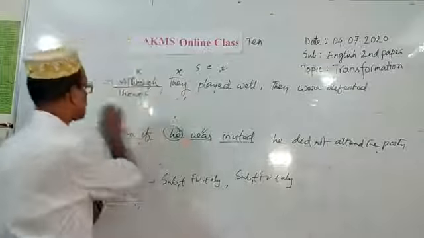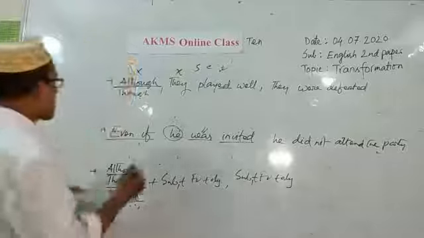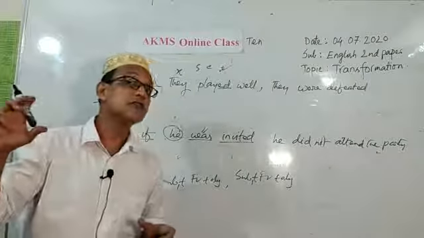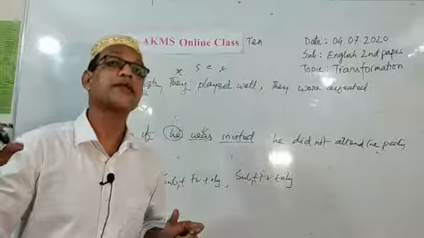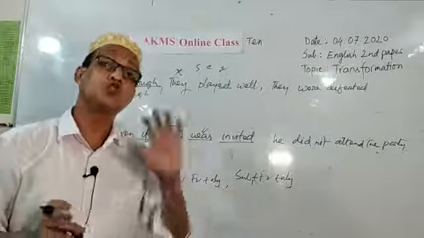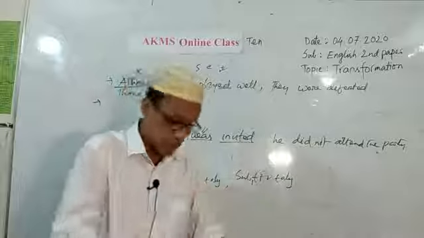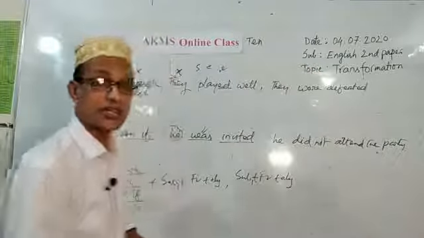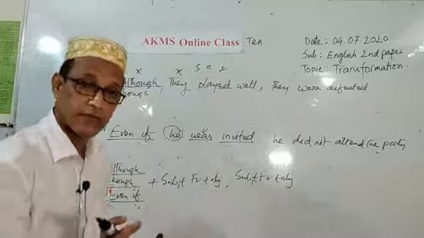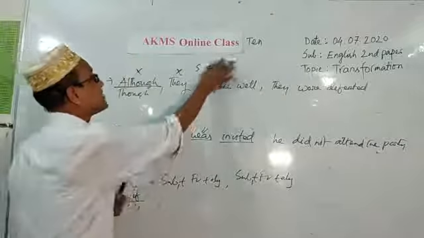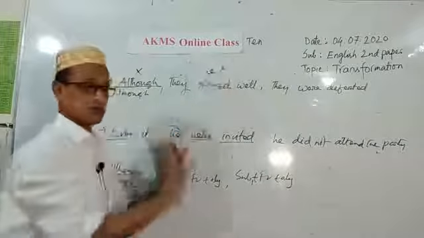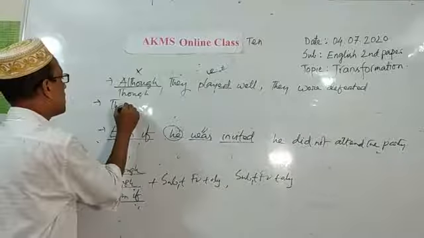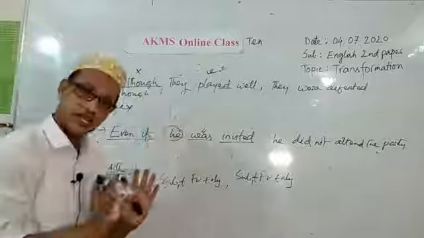Now dears, I have given you the instruction that whenever you are asked to make a compound sentence, you should write the action which was held first. Then what will you do? This action was held first: they played well. Okay, now I am writing the first action, that means the subordinate clause.